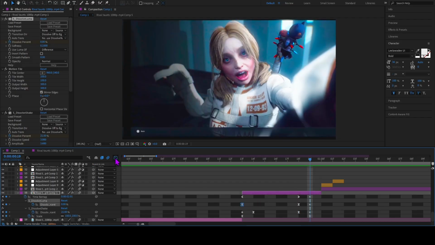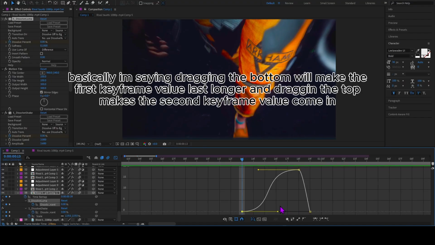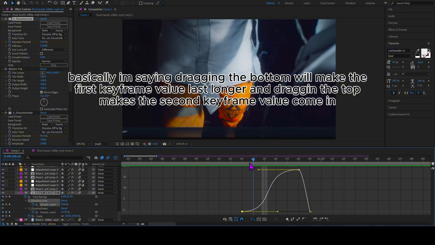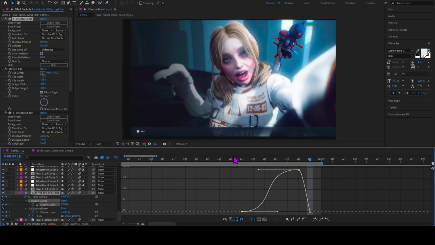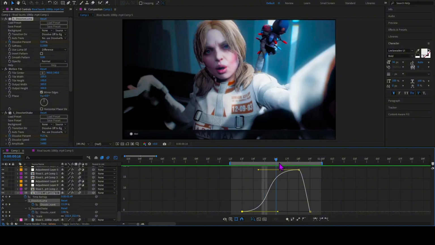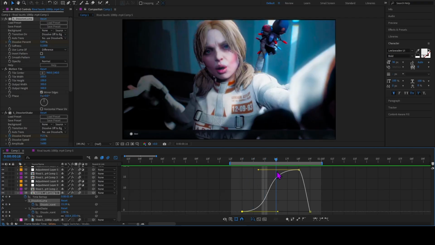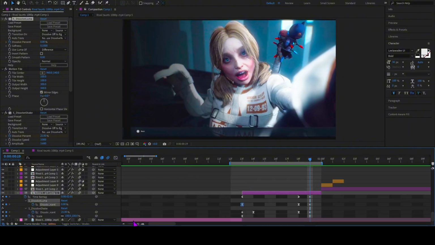And then for the graph for here, it's just this, right? The reason why I put it as that is because if you drag this one forward, it makes it stay at 0 a little bit longer, and then once this one comes in, that's when it starts to transition, and then that's when you have this. See, that was what I was trying to go for. Like as you put your hand up, it would get darker around and then pop back out.